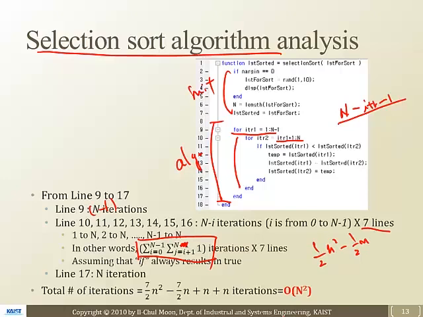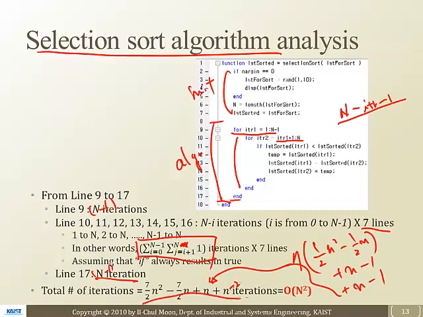Then line 17, counting n, we have n minus 1 iterations again. It's 7 times that, plus n minus 1 iterations plus n minus 1 iterations, and this results in this number of iterations, including minus 2.